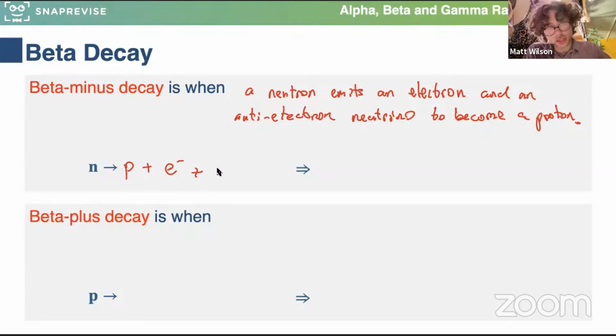And it emits an anti-electron neutrino, and the symbol for that particle is this thing here. The bar on the top represents the fact that this is an anti-particle, an anti-electron neutrino. Now, this is at the level of a single particle. So we have some kind of neutron becoming a proton, plus other stuff going on, fine.